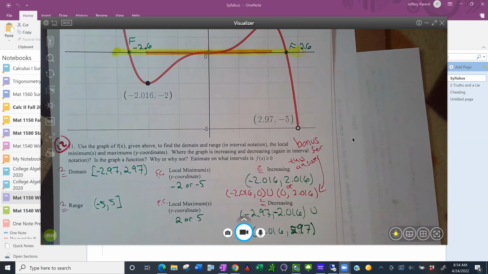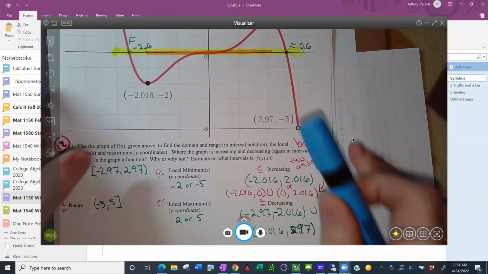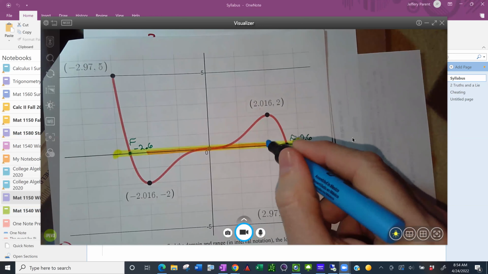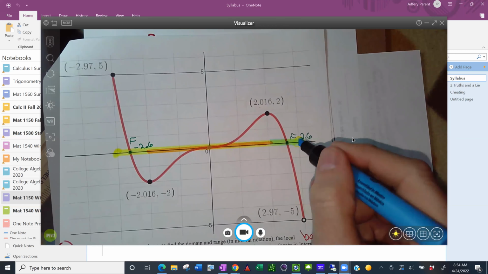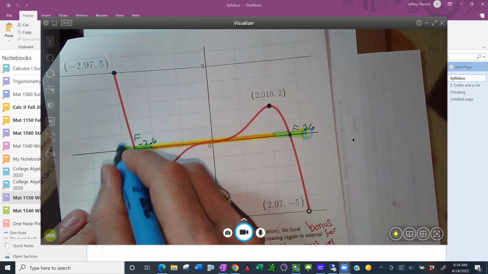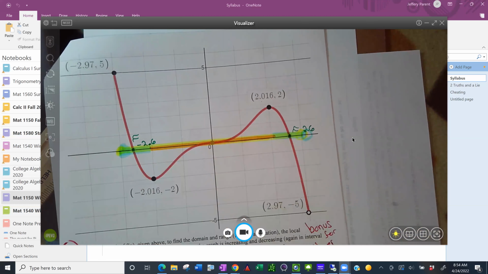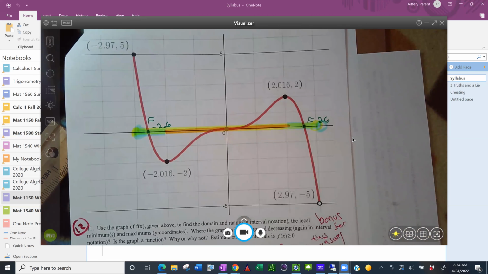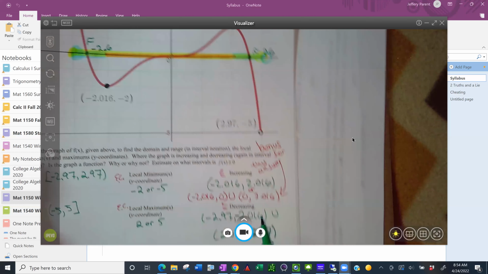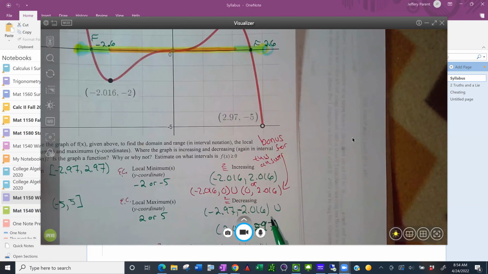Decreasing is going to be kind of everything else, right? So decreasing is going to be starting here to the end, hollow dot. In fact, decreasing and increasing always get hollow dots, at least in my humble opinion.